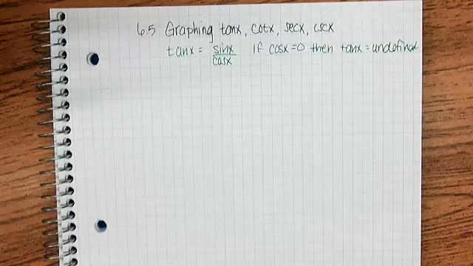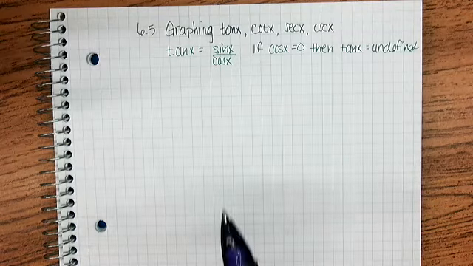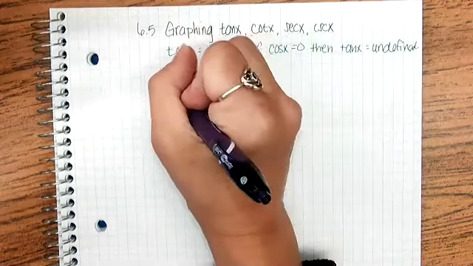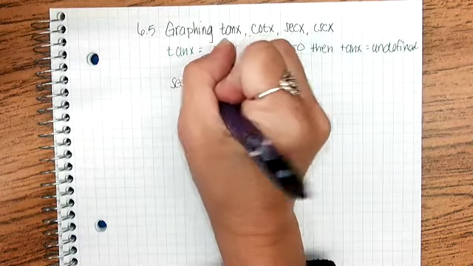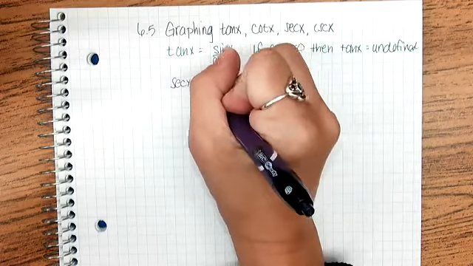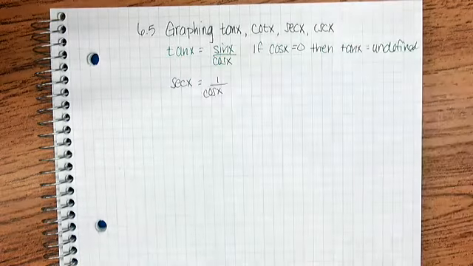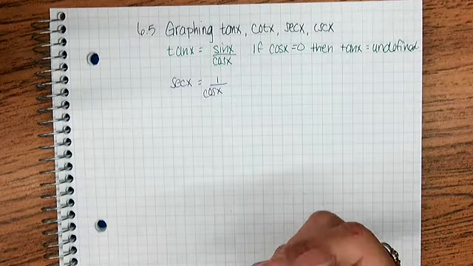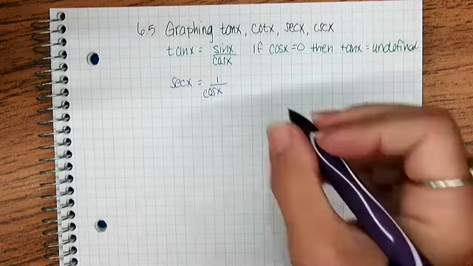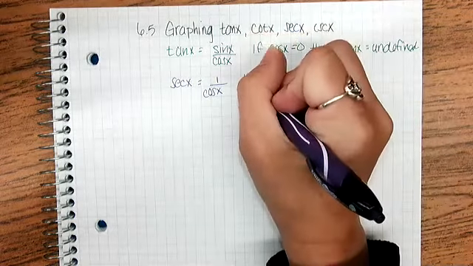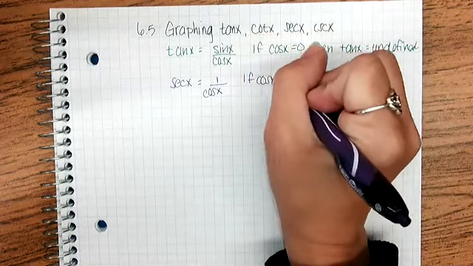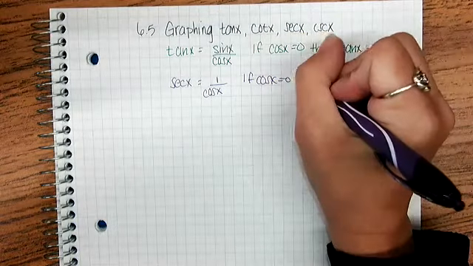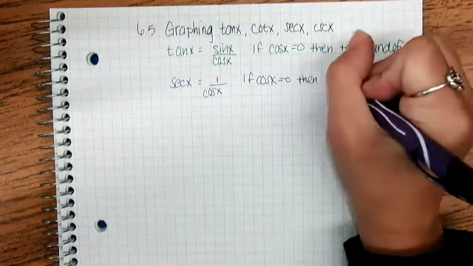And you know what? Since we're here, let's talk about the secant. The secant is 1 over the cosine. So both tangent and secant have a denominator of cosine. So 0 in the denominator, asymptote on a graph. So again, if the cosine is 0, then the secant is undefined.